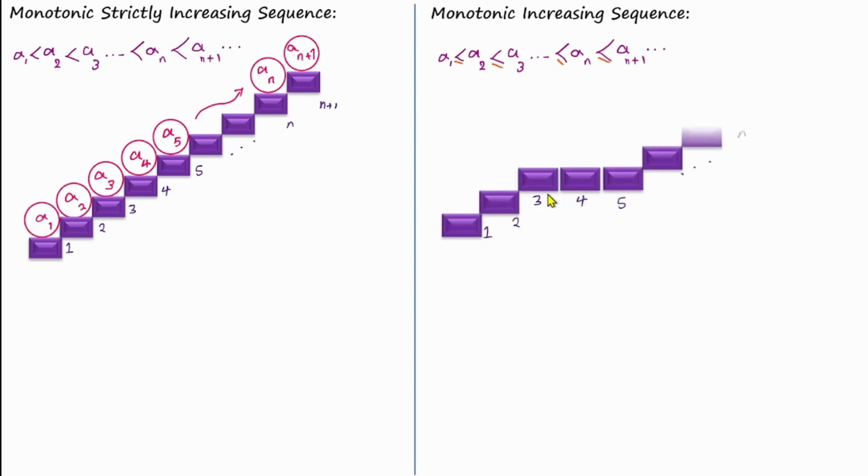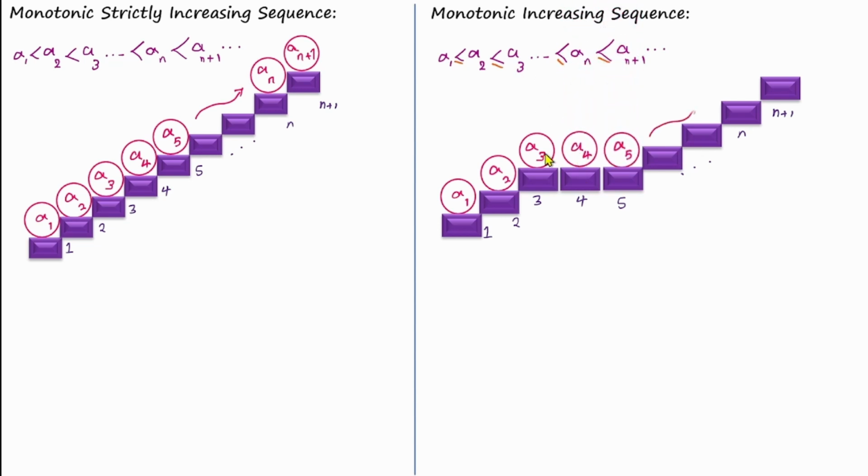Here we can see that, for example, a sub 4 is greater than or equal to a sub 3 and a sub 5 is greater than or equal to a sub 4. So overall it's going up, but some terms are greater than or equal to others.